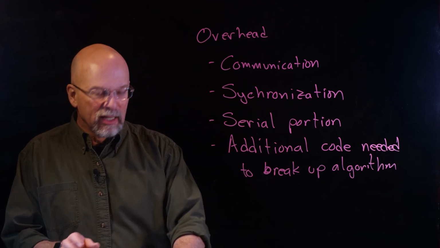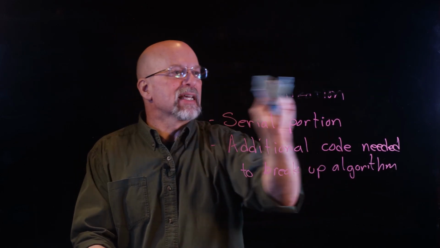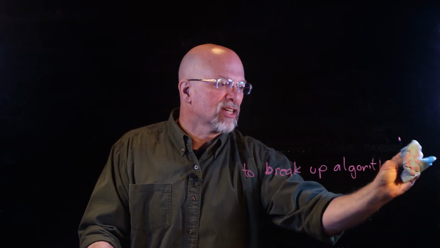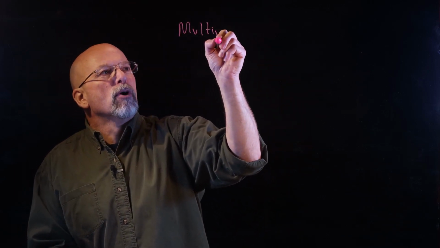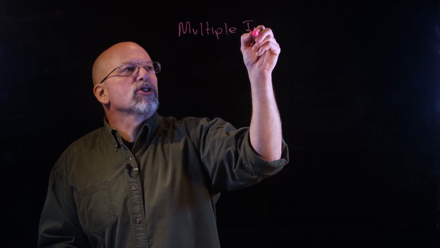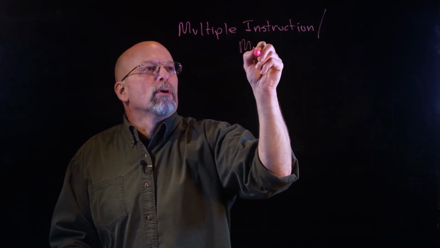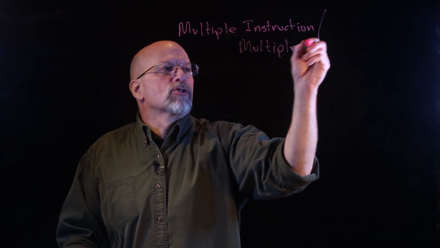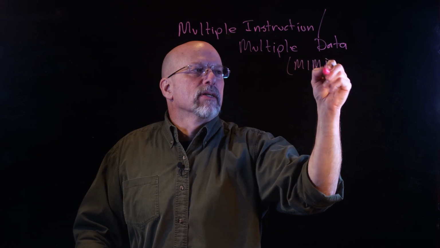So, we talked a little bit before about Flynn's taxonomy and the idea of the four classifications of parallelization. One of them was single instruction, single data stream, which is not really parallel. One of our classifications was multiple instruction stream, multiple data stream, otherwise known as MIMD.